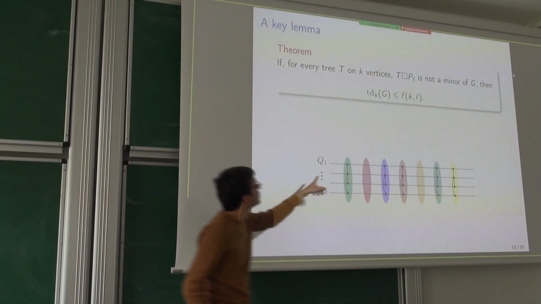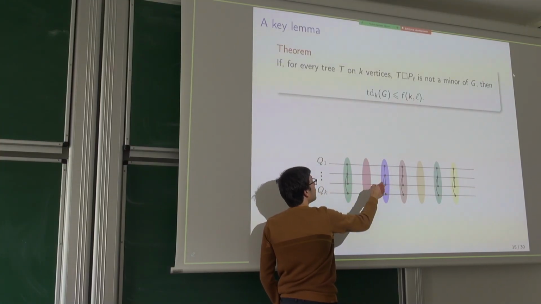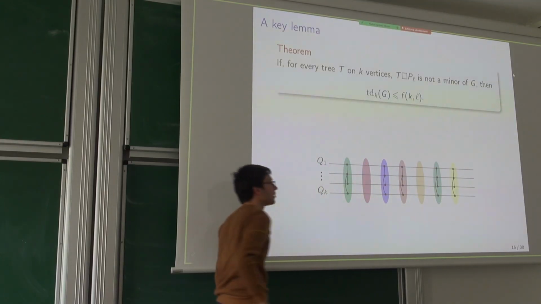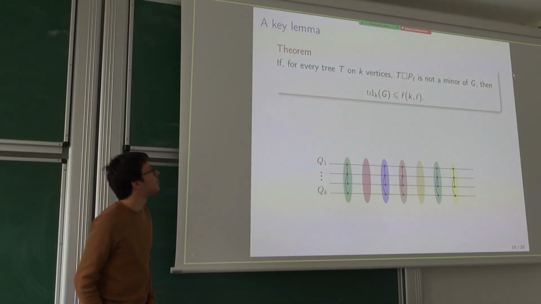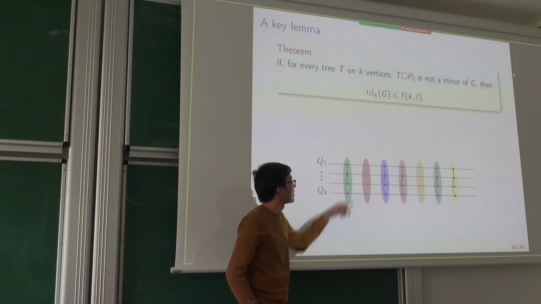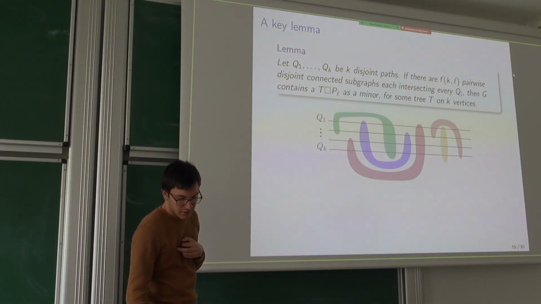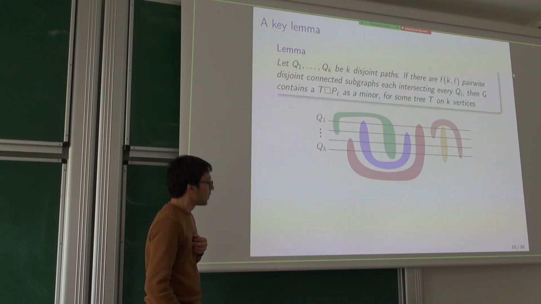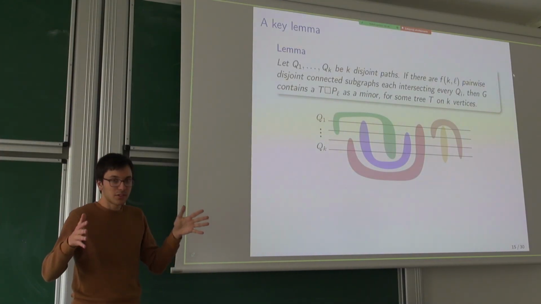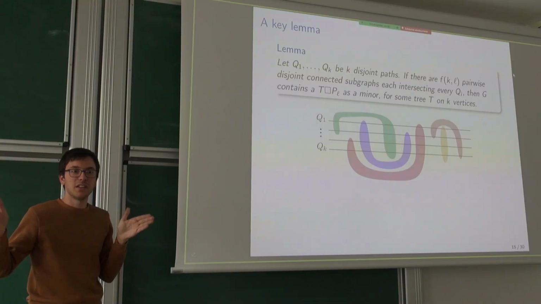So you will keep only this one. Okay. And now this is the tree T I will take, and just by contracting some columns that are not used anymore, I will find my obstruction T times PL as a minor if I add enough columns in the beginning. So this is really where this obstruction T times PL comes from. The real obstruction somehow is something like this. And the first lemma is a generalization of this observation. So what I was saying is that if you have k disjoint paths with many pairwise disjoint connected subgraphs, each intersecting all the paths one after another, then I find my obstruction.